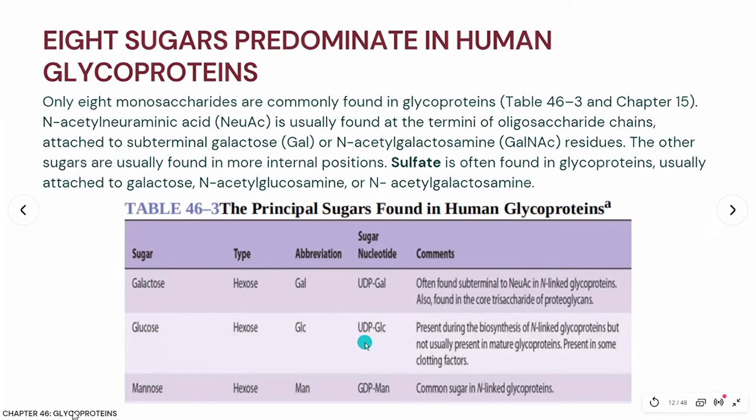For glucose, it is UDP-glucose, uridine diphosphate, the nucleotide that is attached to that glucose. Now, for mannose, it is GDP, guanosine diphosphate. So they have different nucleotides. Galactose, UDP. This one is UDP. This one is GDP. A common sugar in nitrogen-linked glycoproteins.